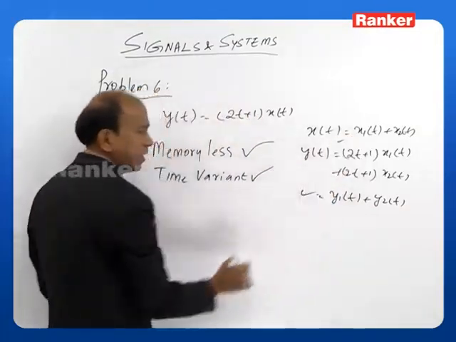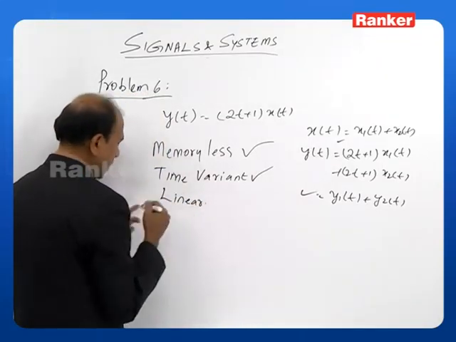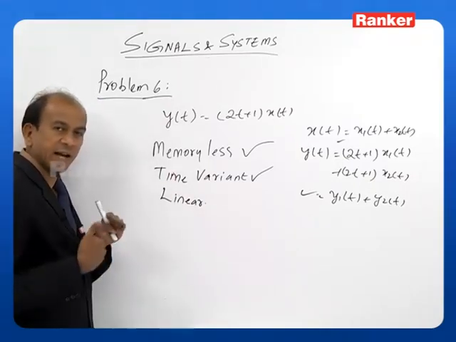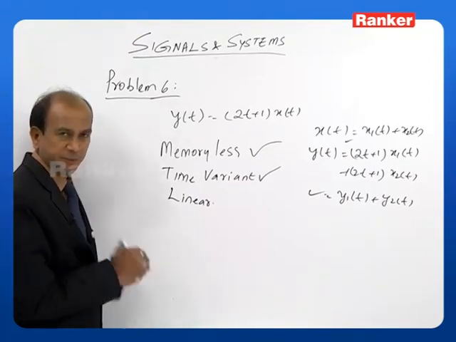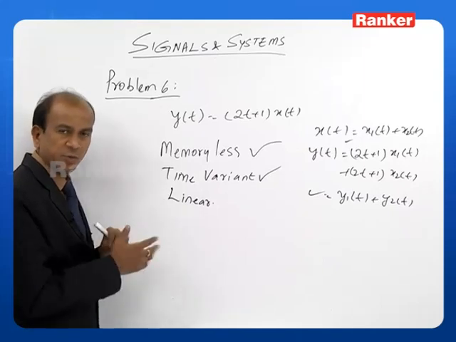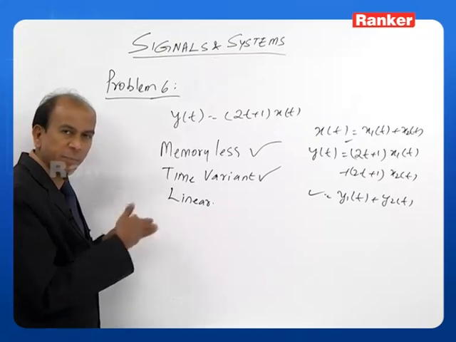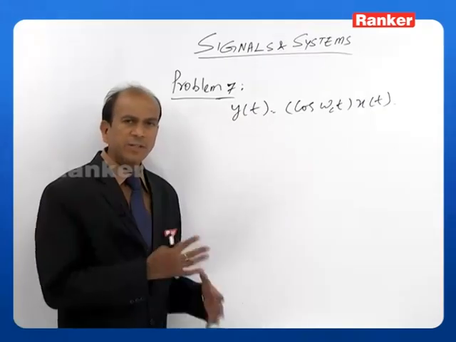Okay, this is satisfied. So, the system is linear. Clubbing all this together, this is a linear time variant memoryless system, LTV memoryless system. So, this is simple. Look at the equation, look at the dependencies, then you can just put down what the system type is.